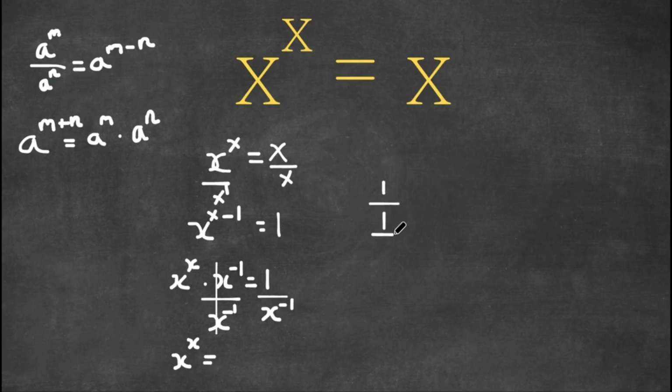So this would be 1 over x, which is simply equal to x. So 1 over x to the power of negative 1 is simply just x. So now we get x to the power of x is equal to x.